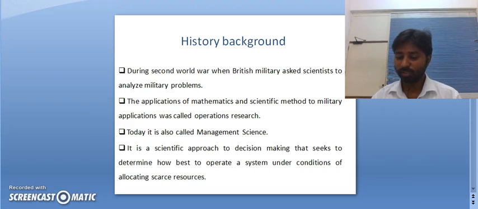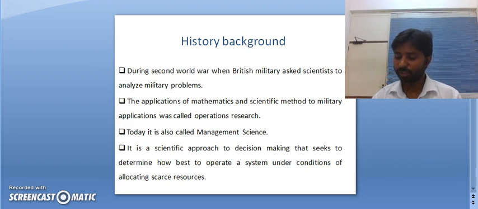But today it has a different definition. It is also called management science. The general term management science also includes operations research. In fact, the two terms are used interchangeably. A set of tools that are used for solving problems is also called management science.